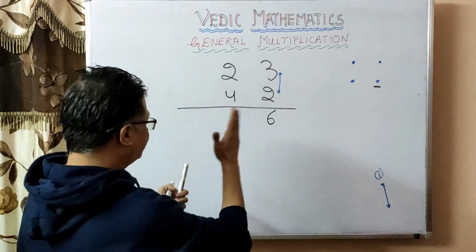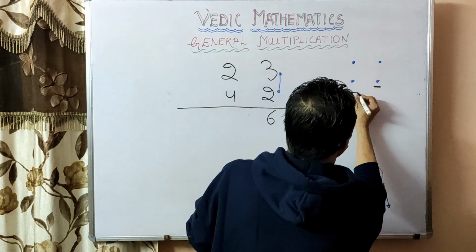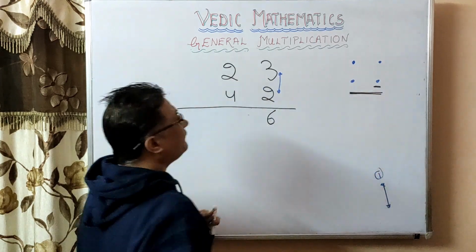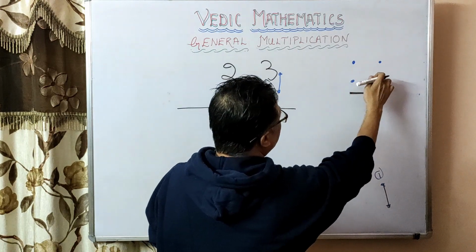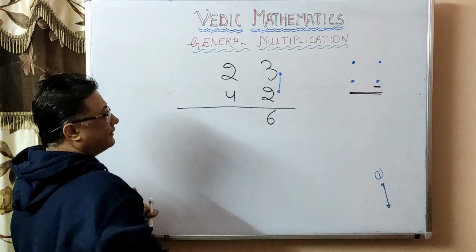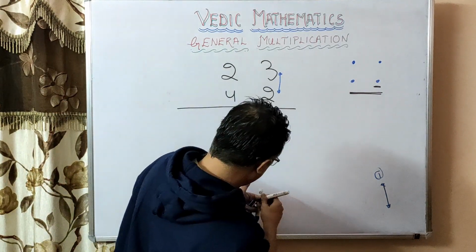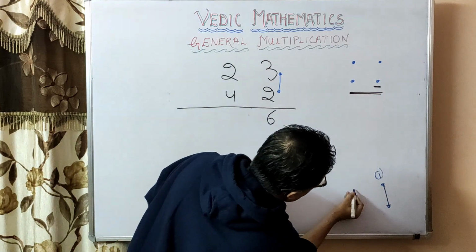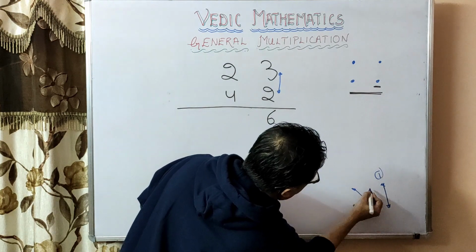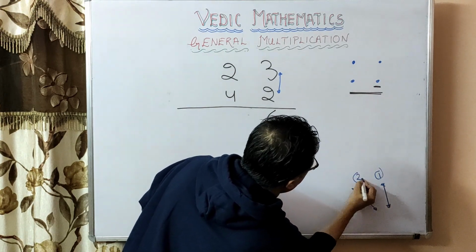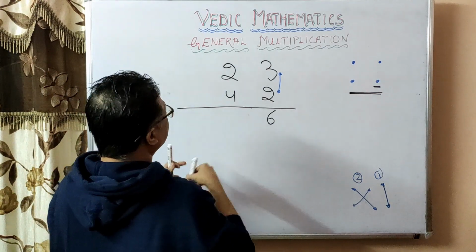Now for the second part, we consider these two. Now when we consider these two, what we have to do is we have to multiply from corner to corner, that is we have to do cross multiplication. So this becomes our second path.